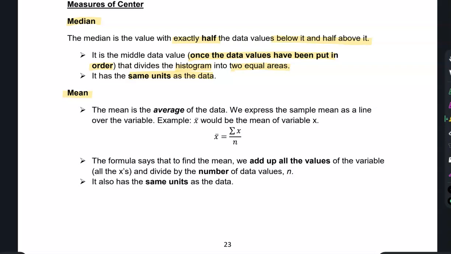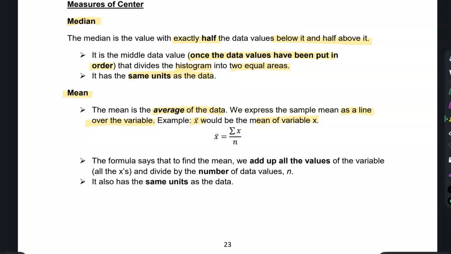And then your mean is the average of all of your data. Okay. So X bar would be the mean of X. So that's the notation. If you have a line over the variable that you're looking at, oftentimes we'll just refer to X bar as the mean of whatever we're talking about, but technically you could use any variable.